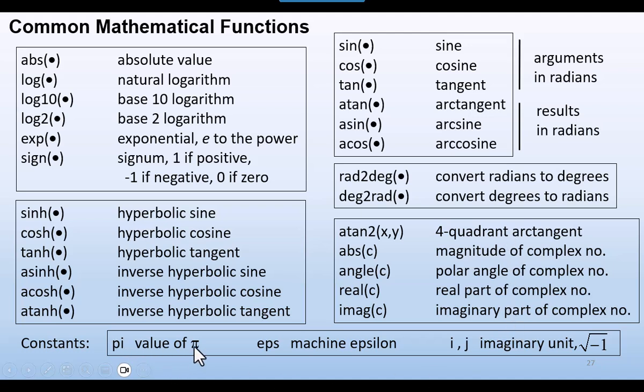Pi is a built-in value for pi. Eps is the machine epsilon, which is the smallest number that the computer can resolve from another number. And then either i or j represents the imaginary unit, or the square root of -1.